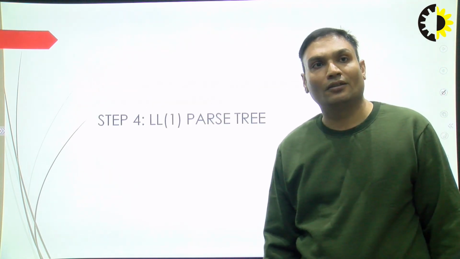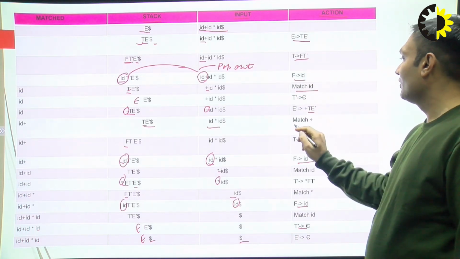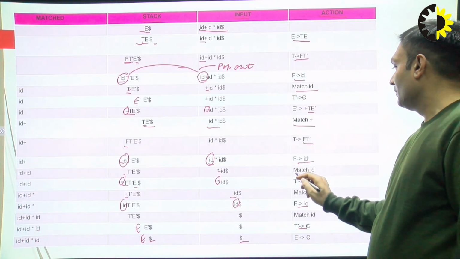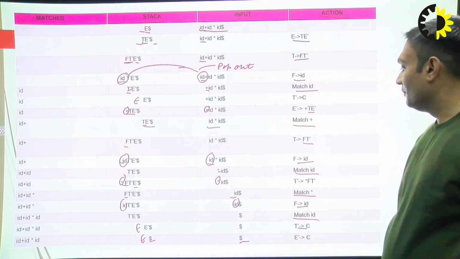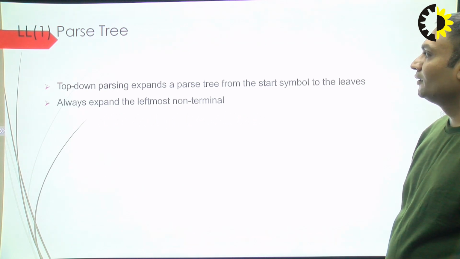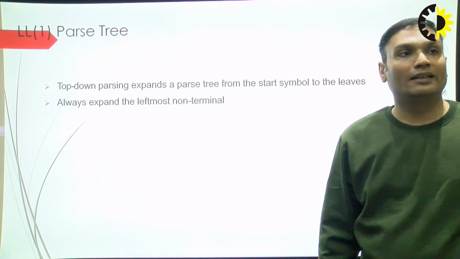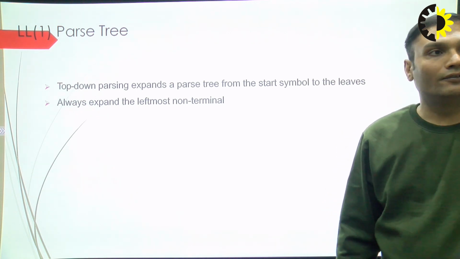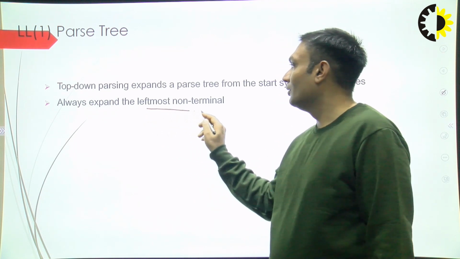So in this order, when we match the string, we will construct the parse tree. Top-down parsing expands the parse tree from the starting symbol to the leaves, and always expands the leftmost non-terminal.